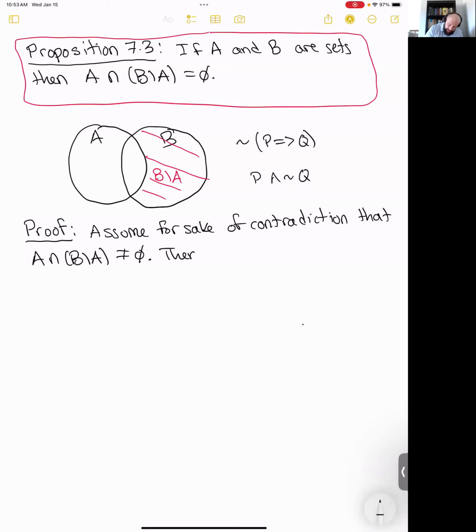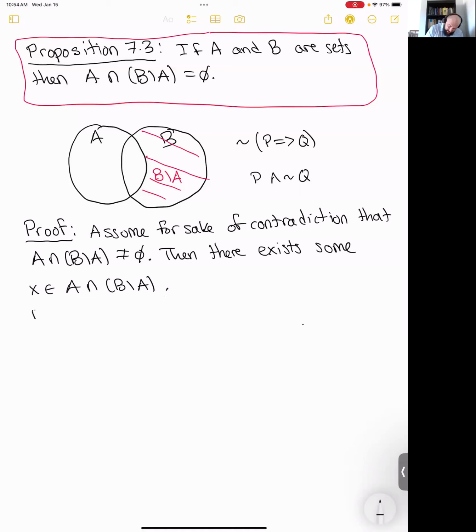That means there exists some x in A intersect (B set minus A). Okay, so again, that gives us something to work with, and now we're just going to unravel the definitions here and see that this is a problem.